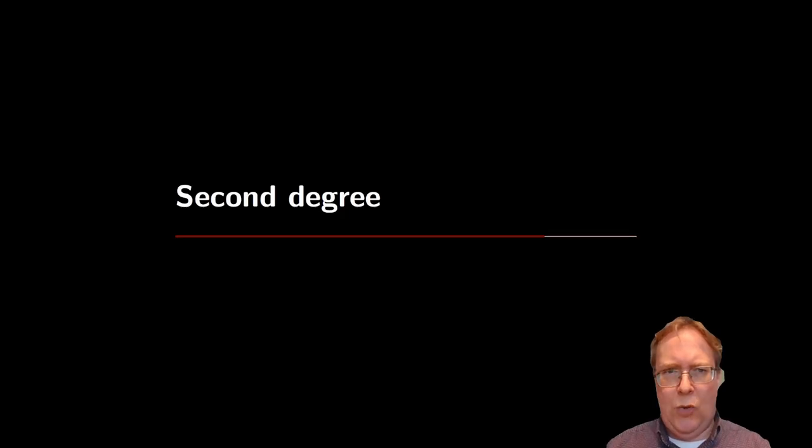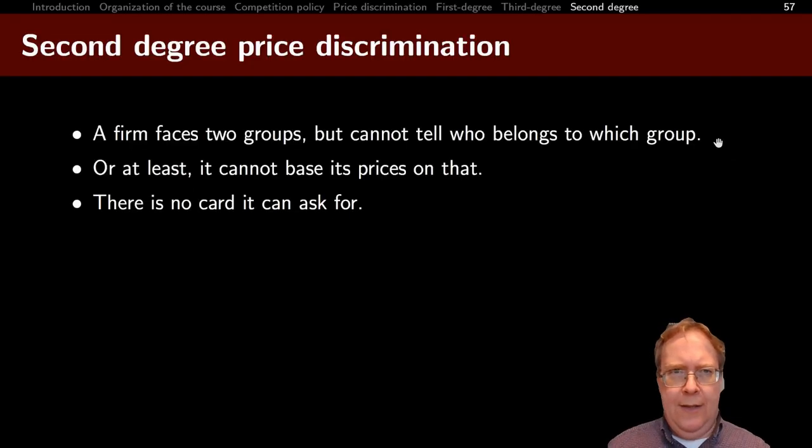Finally, let's look at second degree price discrimination. So, as I mentioned already, that is the case if a firm faces two groups, but it cannot tell who belongs to which group, or at least it cannot base its prices on that.